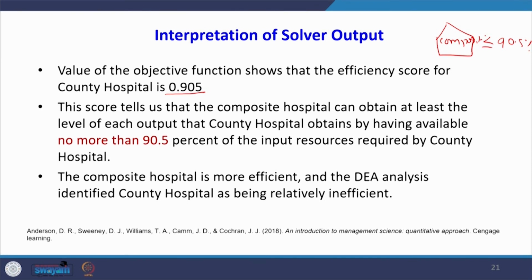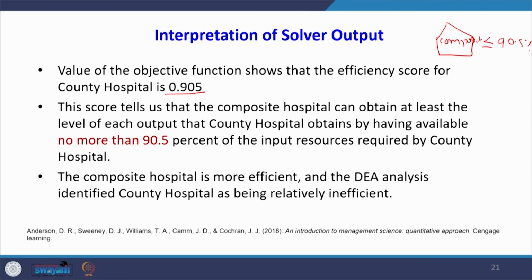So, the composite hospital is more efficient. If the composite is more efficient, obviously the county hospital is inefficient. What we are inferring is that the composite hospital is more efficient because it consumes fewer resources, only 90.5 percentage of the county hospital, and the DEA analysis identified county hospital as being relatively inefficient.